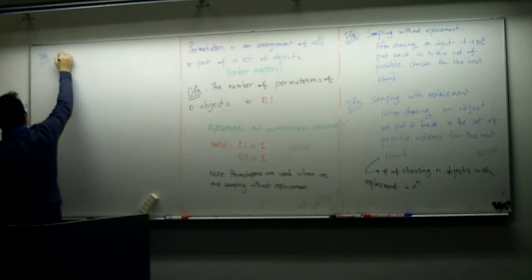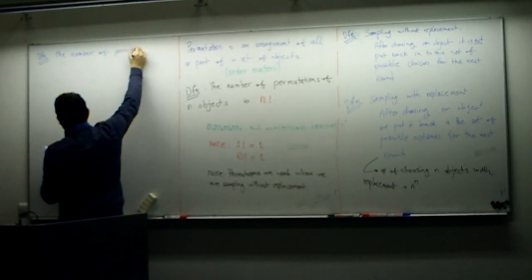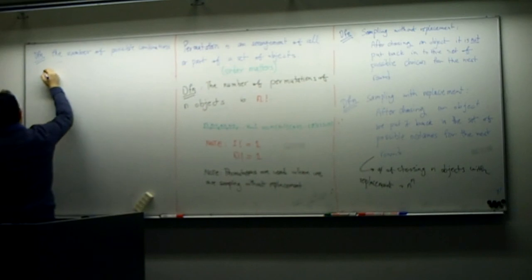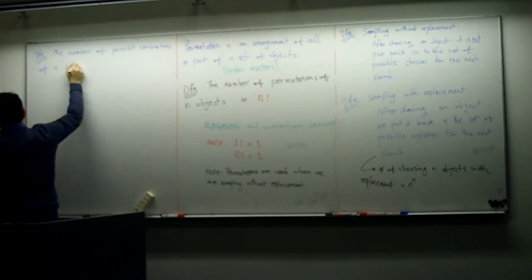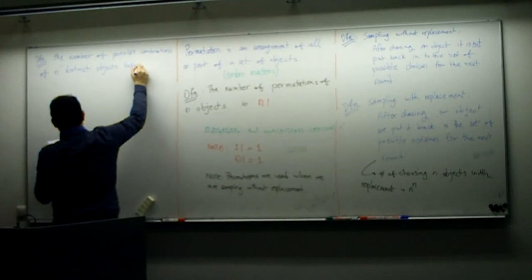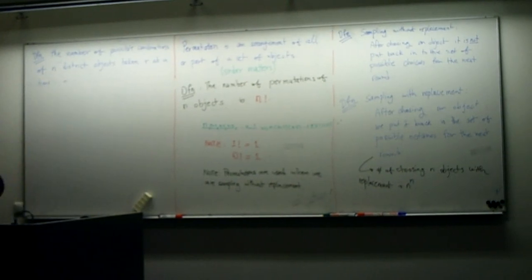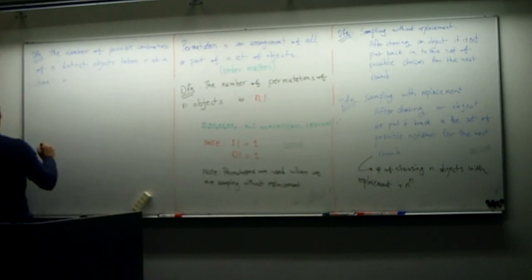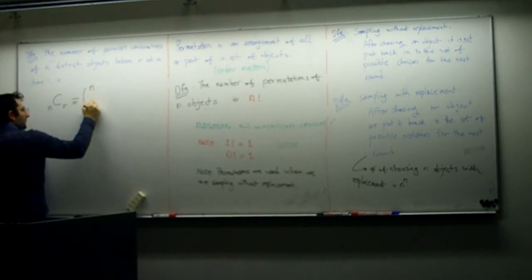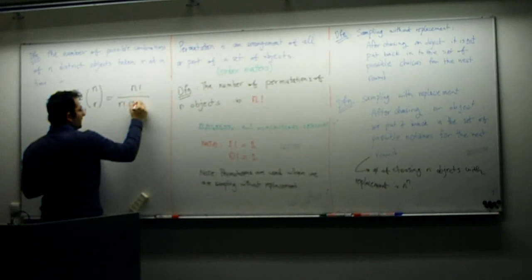The number of possible combinations of n discrete objects taken R at a time is, we show it as nCr, which is also defined as n choose R, which is n factorial divided by R factorial multiplied by n minus R factorial.